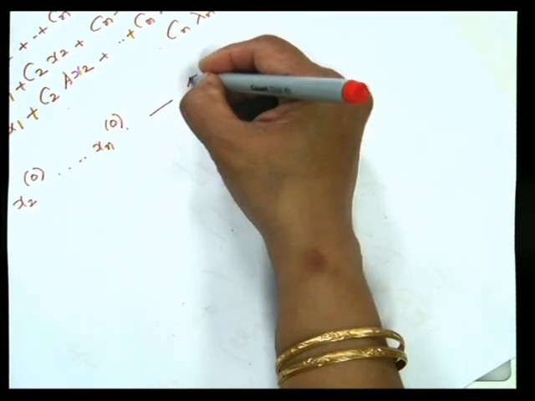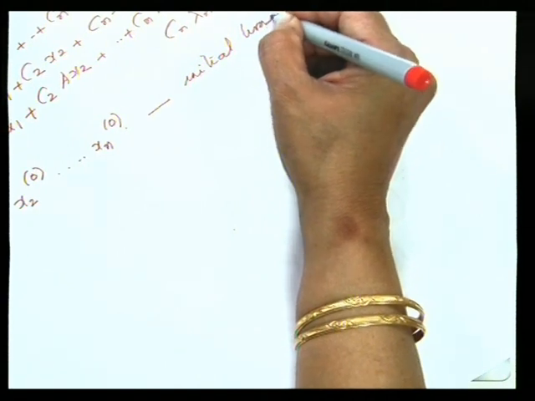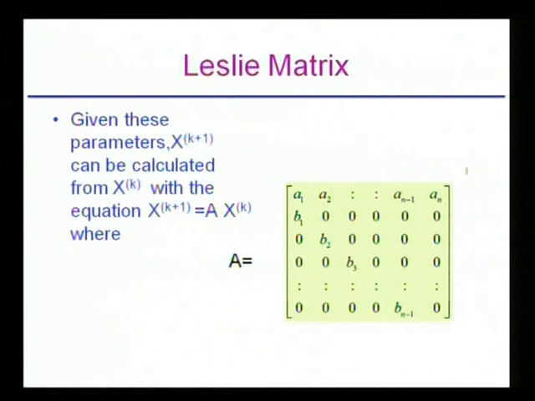This is at the initial time. Whenever we start our measurement, this is the number of people in each of these classes. We will denote it by the single vector x0 equals x10, x20, etc., xn0.